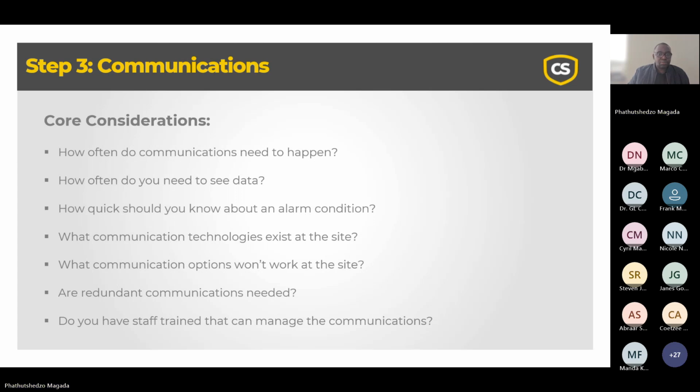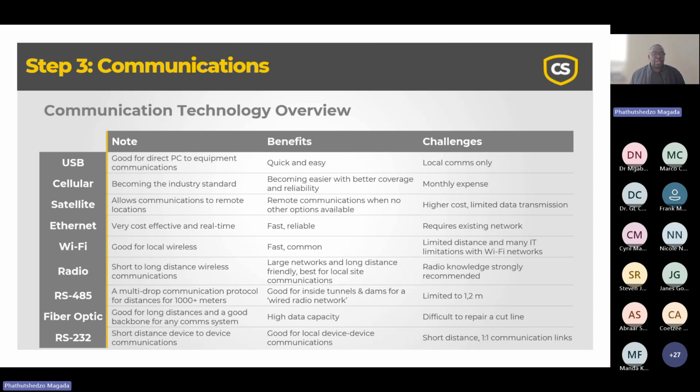We have different communication channels available in the market. We have USB, which is the old-fashioned option, and USB is not able to provide remote monitoring. It's only limited to local communication.